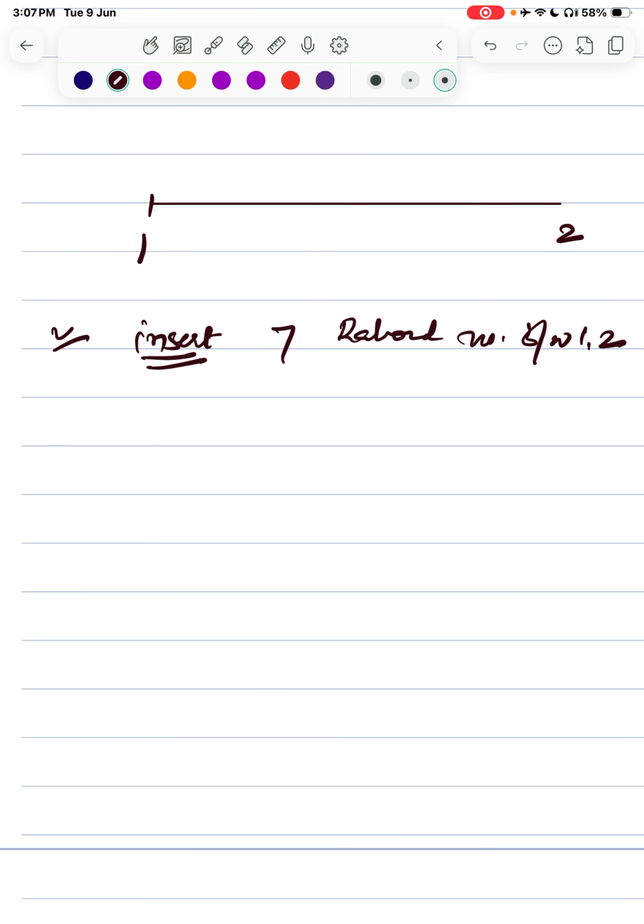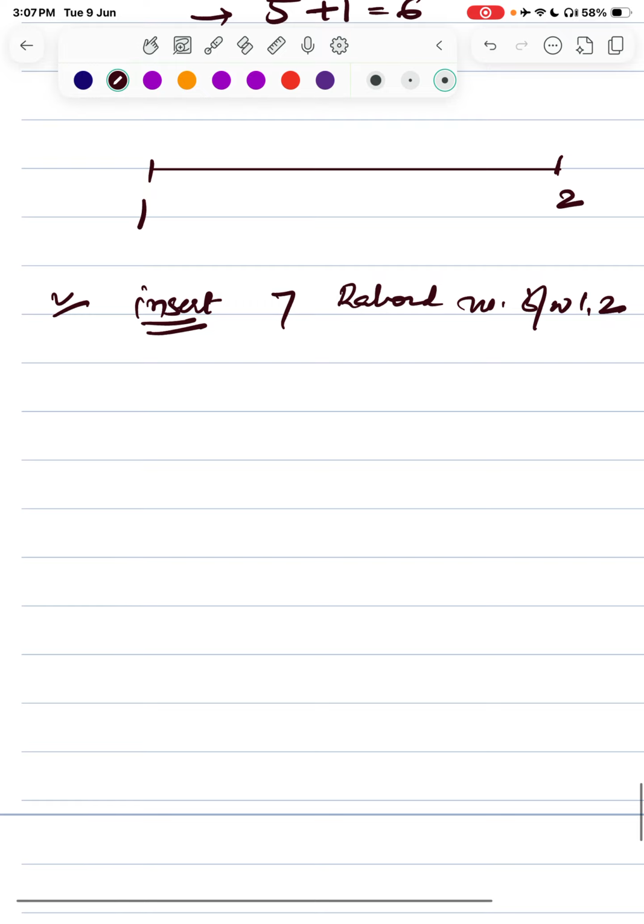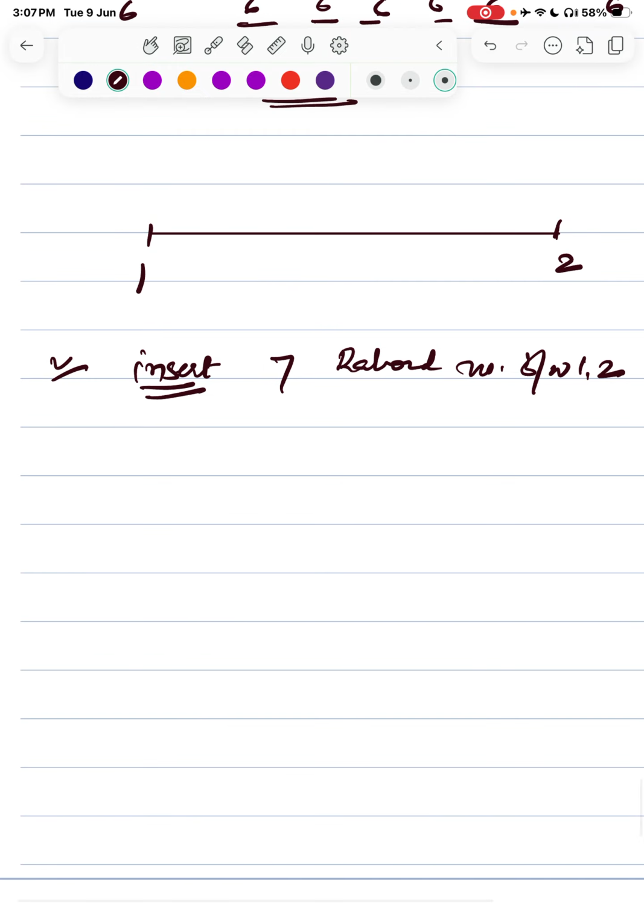You can do whichever method you feel easy to go with. The method that we have discussed is taking the half of 1 and 1 by 2, then take any two consecutive numbers, take their half, and go on inserting the numbers. You can insert infinite numbers between any two rational numbers.